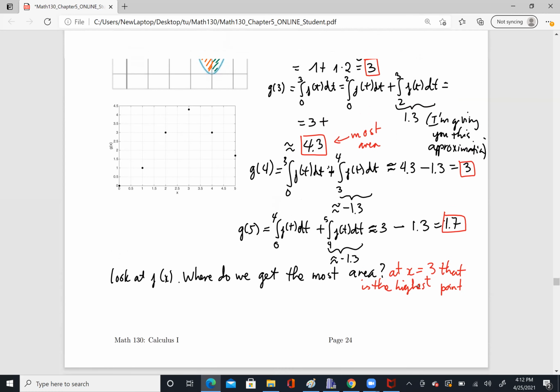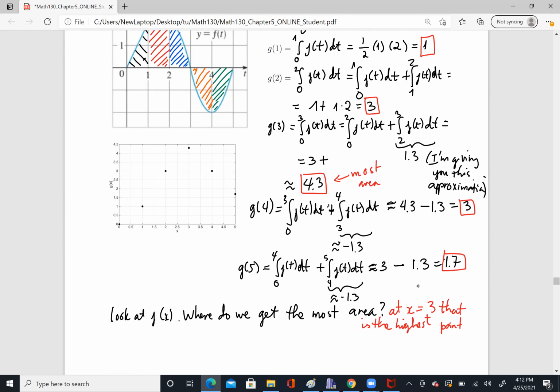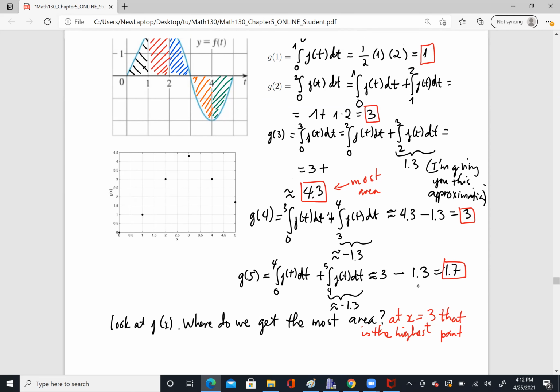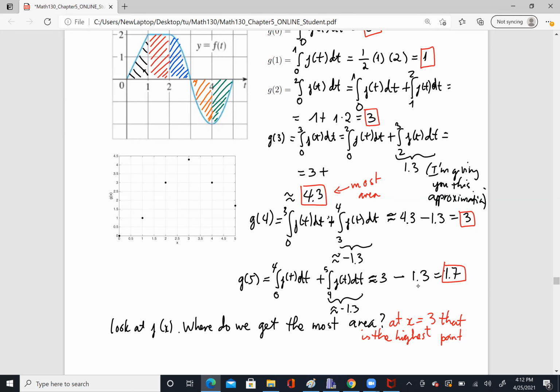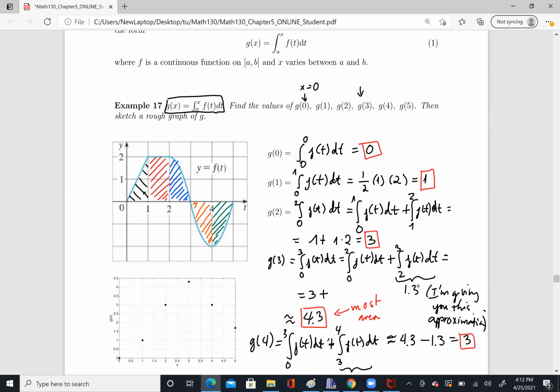Okay. Since you know that the g of x graph is the antiderivative of fx, right?